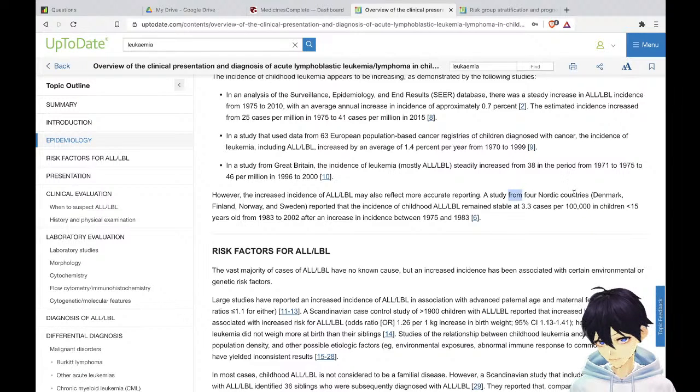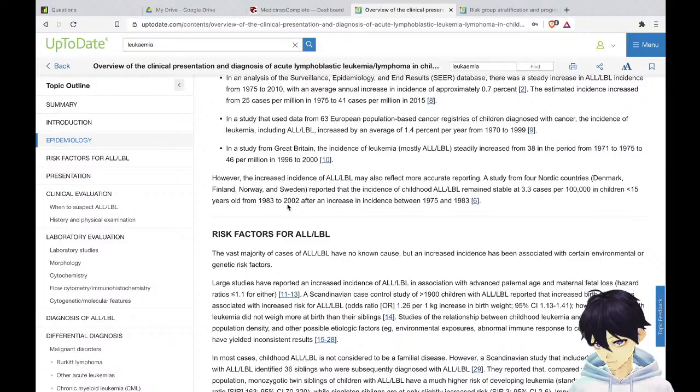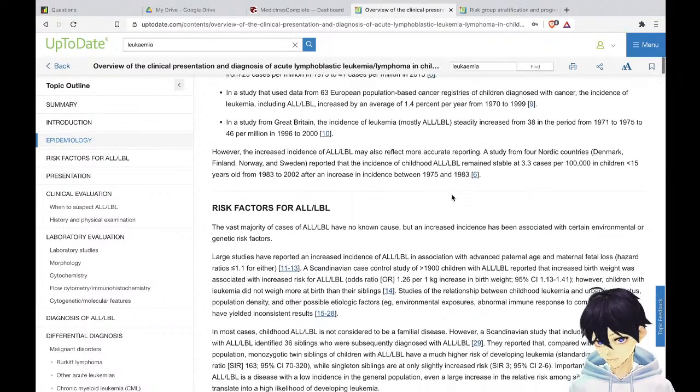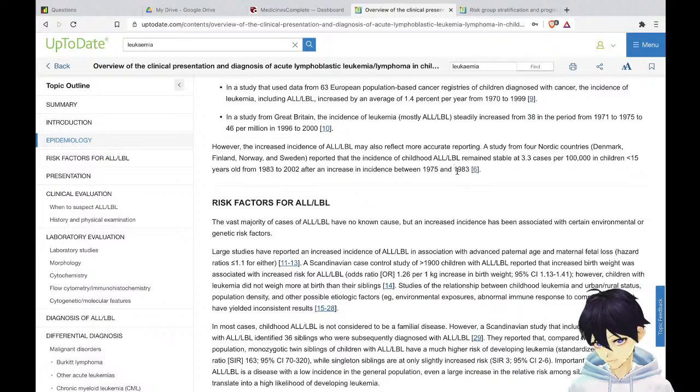A study from Nordic countries reported that the incidence of childhood ALL, LBL remains stable at 3.3 cases per 100,000 in children less than 15 years old from 1983 to 2002, after an increase in incidence between 1975 and 1983.